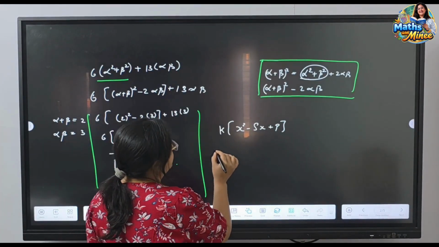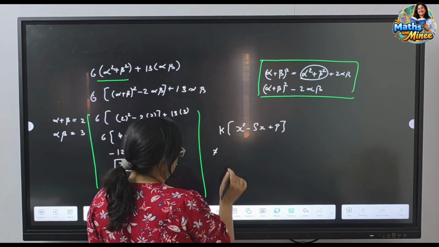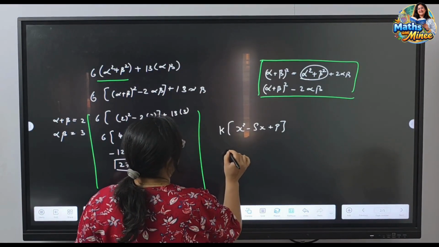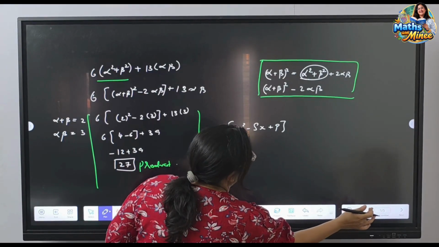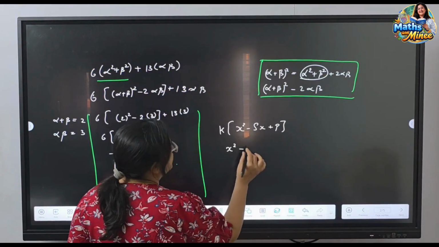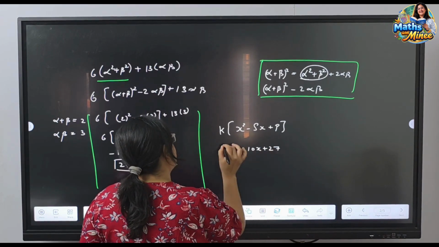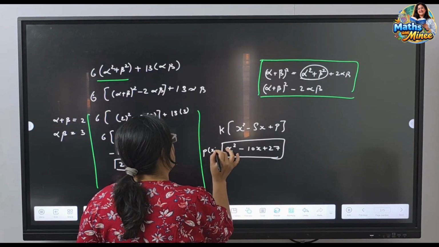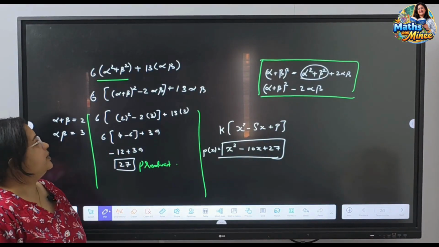So here we will write x square minus the sum, which is 10, so minus 10x plus 27. So this is our required polynomial. I hope this is clear to you, right?